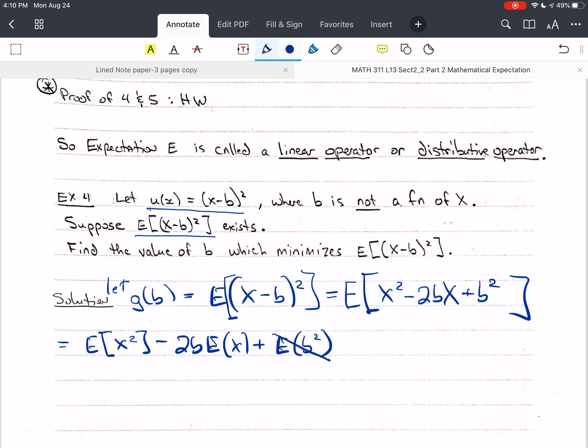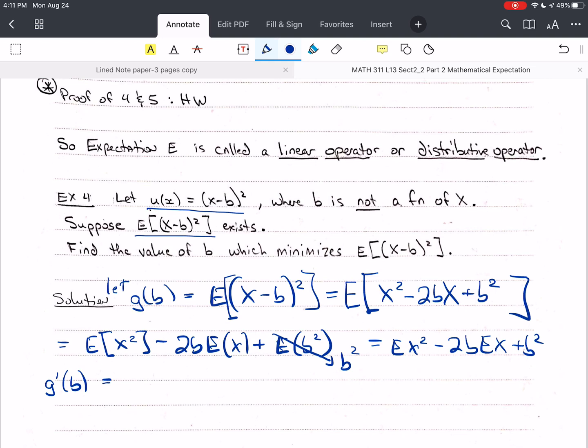And since b doesn't have x in it, it's like a constant with respect to x, so that becomes b squared. So we have E of x squared minus 2b E of x plus b squared. And what we're going to do is take the derivative of g with respect to b.